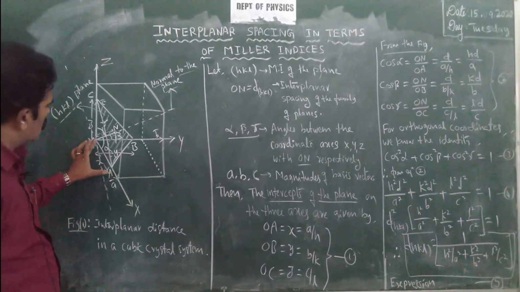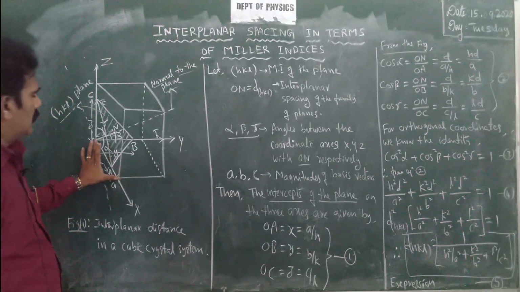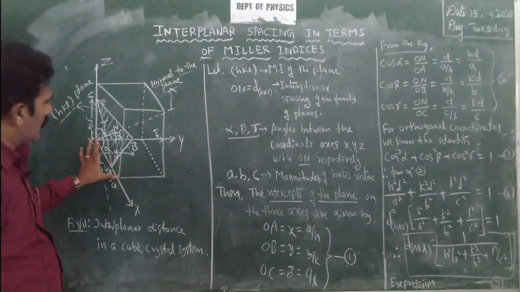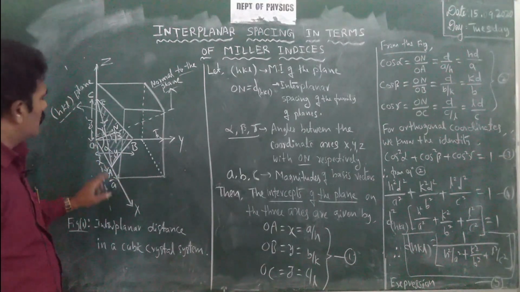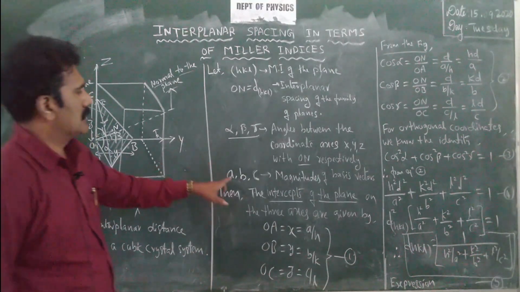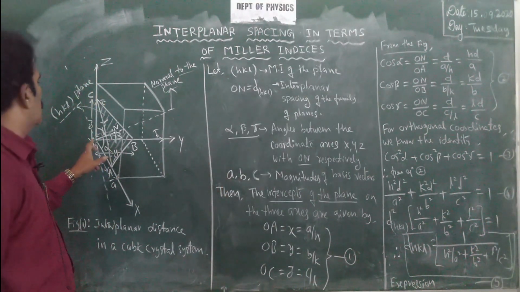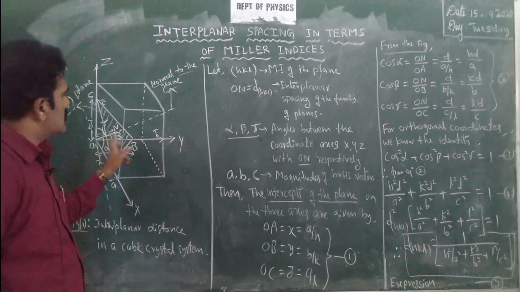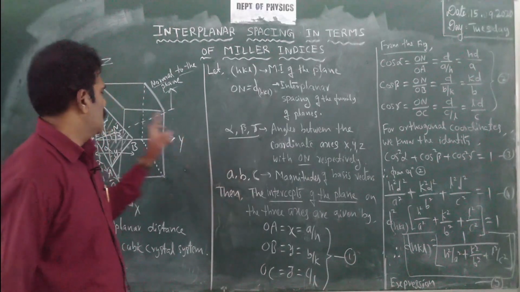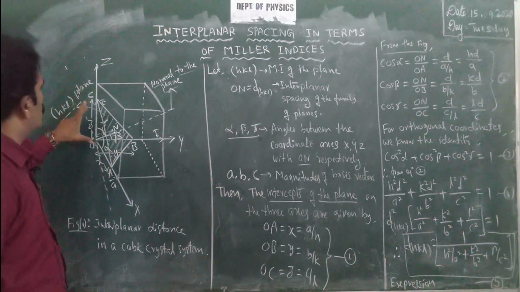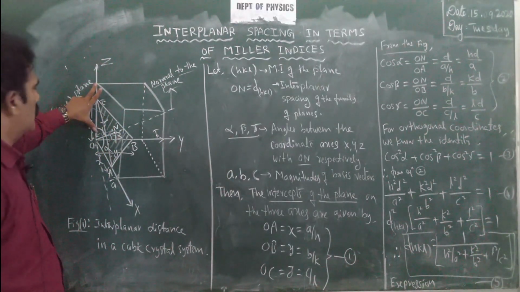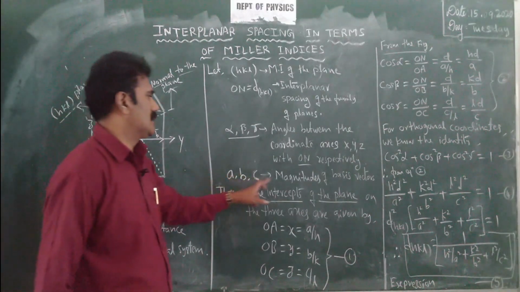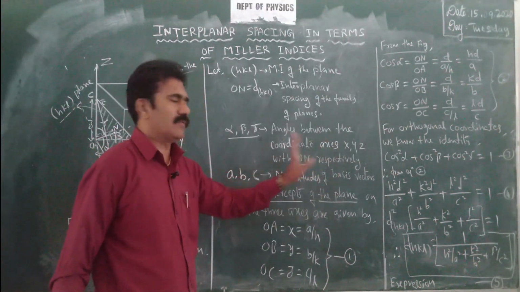Its magnitude is from one corner to the other corner, so corner to corner length is the magnitude of the basis vector a bar, and we write it as a. Similarly, corner to corner along the Y axis is the basis vector b bar, so its magnitude is b. Similarly along the Z axis we have another basis vector c bar, whose magnitude is c. So a, b, c are the magnitudes of the basis vectors.